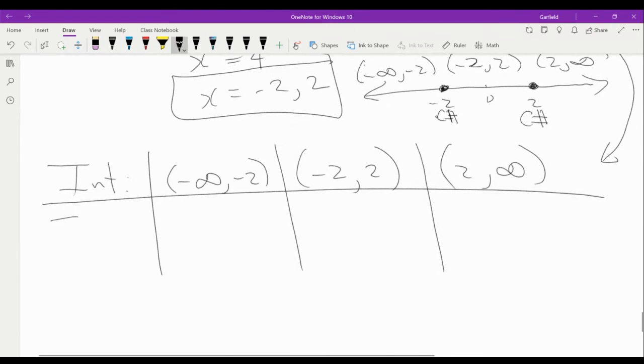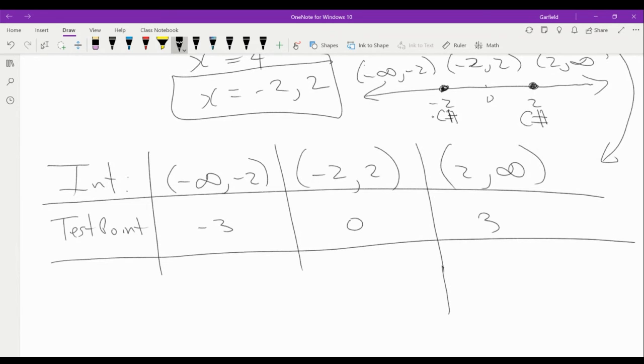Now we're going to choose some test points. We have to choose a test point in each interval. Here we could choose negative 3, we can choose 0, and we could choose 3. Now, if you recall, what did we do above? We have to take those test points and plug them into the derivative.